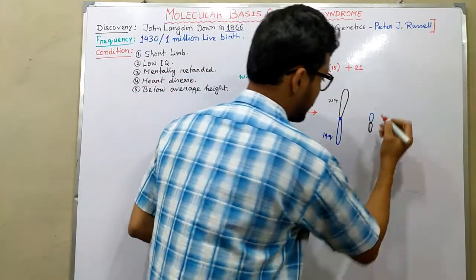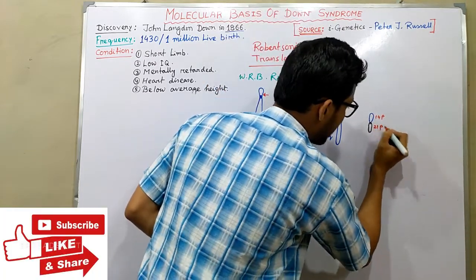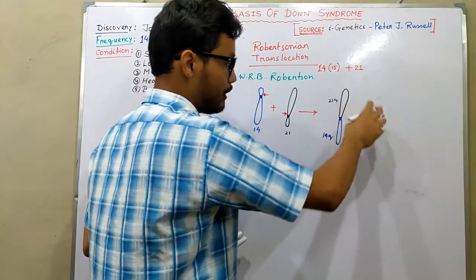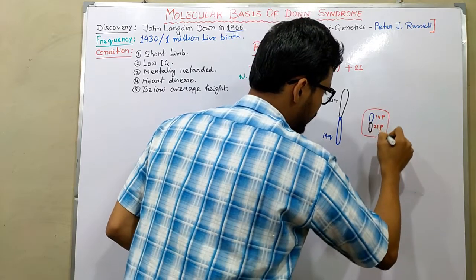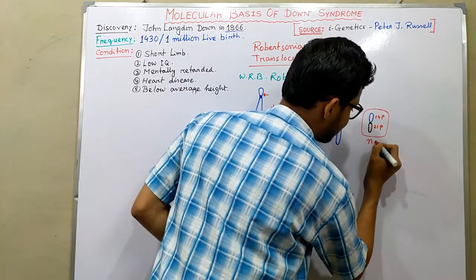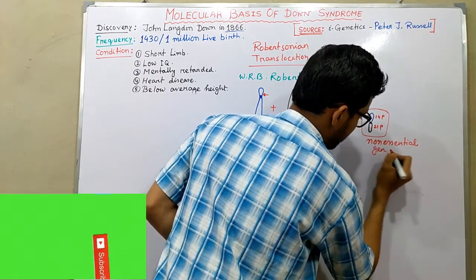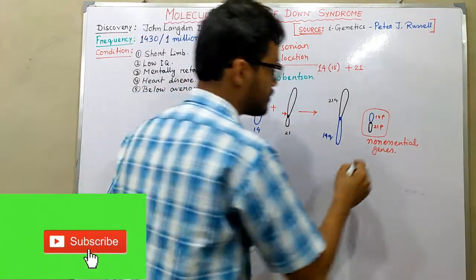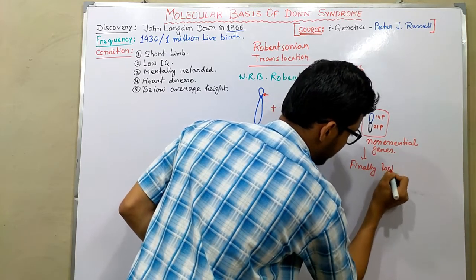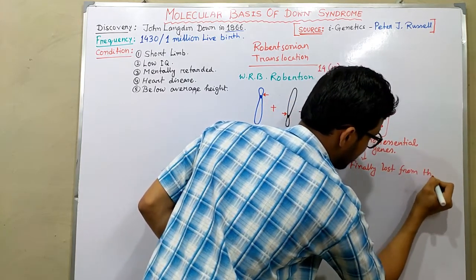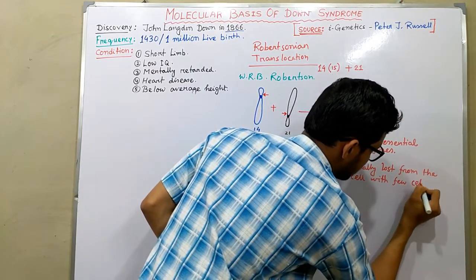And here 14p, the short arm of chromosome 14, and 21p, the short arm of chromosome number 21, attach with each other, and this segment, with both short arms, consists of non-essential genes. So this segment consists of non-essential genes and is finally lost from the cell with a few cell divisions.